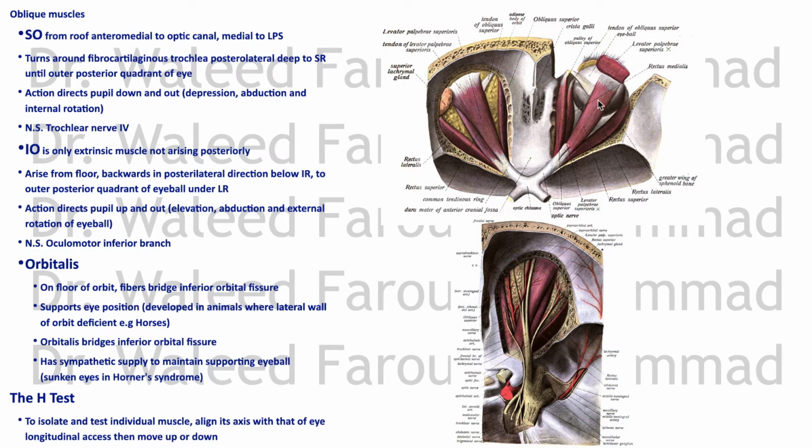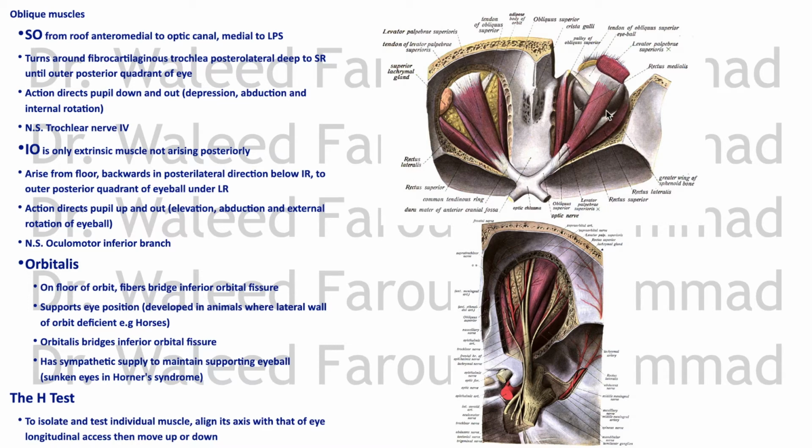In this example, the superior rectus, we will ask the patient to bring the eye lateral for the longitudinal axis to be aligned with it. Now, in this position, the major muscle that will bring the eye up is the superior rectus. So if he was able to look up in the lateral position, this means that the superior rectus is working.